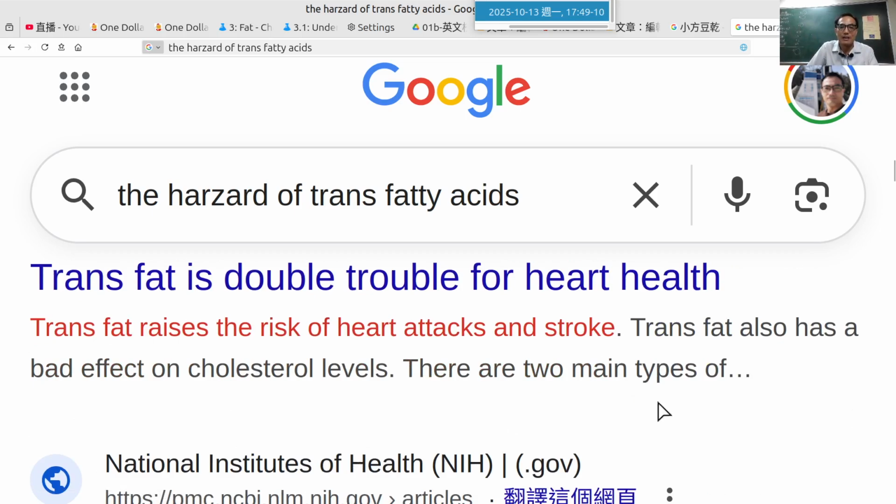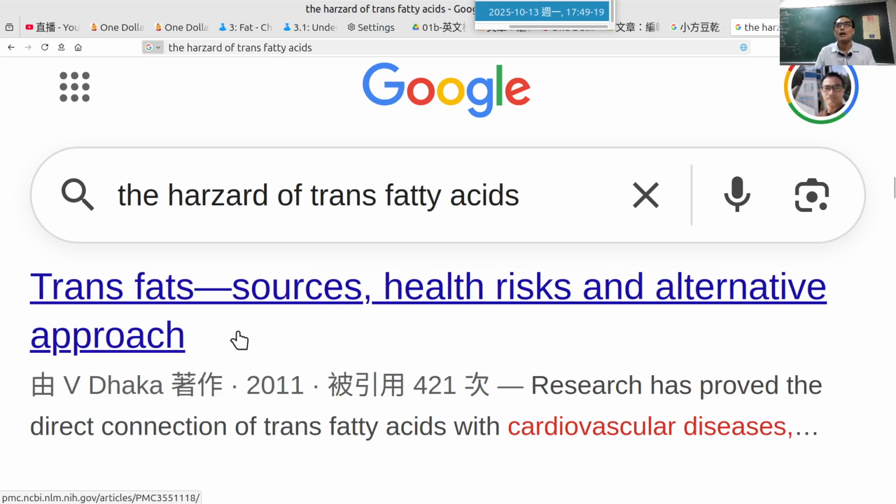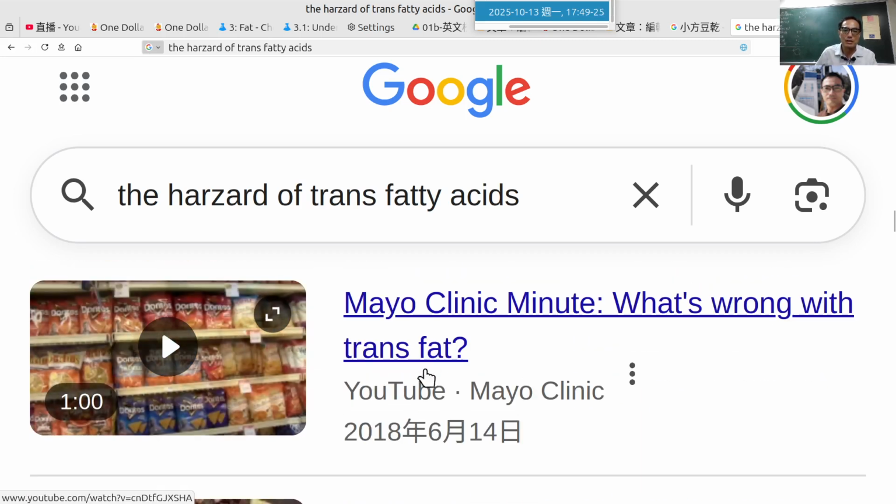And here, the National Institute of Health, NIH. We know that it's an academic article in the NIH. It's a reliable source, like this one.